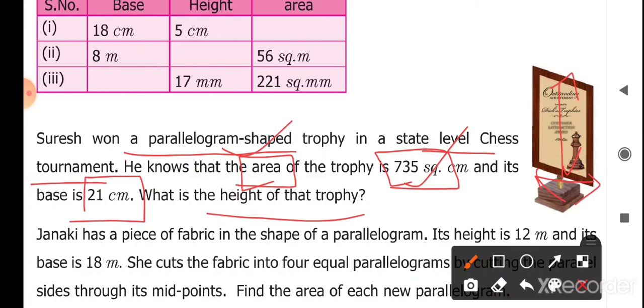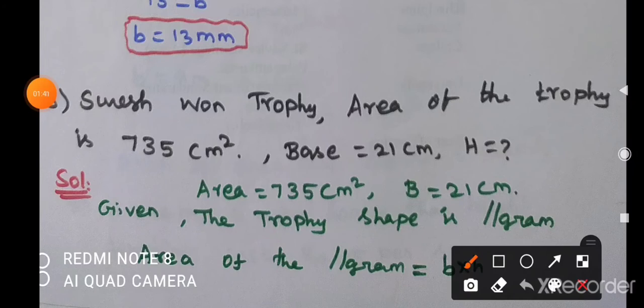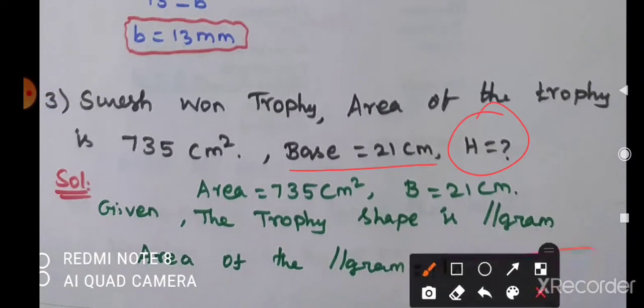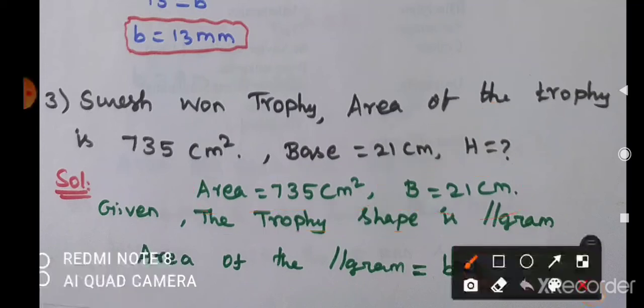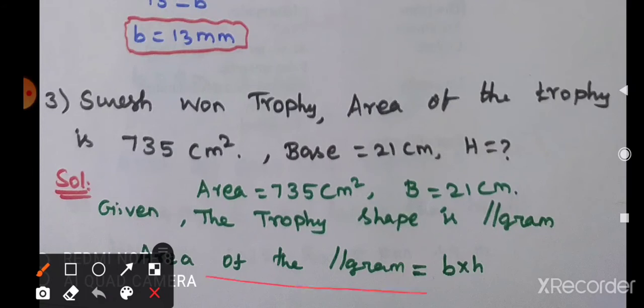So Suresh won the trophy. Its shape is parallelogram. Base is 21 centimeter. What is the height? Given the trophy shape is parallelogram, area is 735 centimeter square, base is 21 centimeter. So area of the parallelogram is B into height.